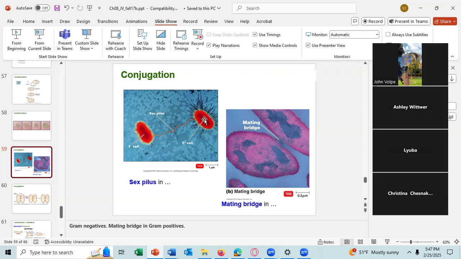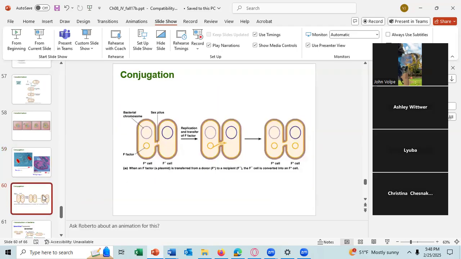Usually, when the DNA is moving from one cell to another cell, the plasmid, it's usually a plasmid, will replicate so that the copy of the plasmid will move out of this cell and into that cell, or move out of that cell and into that cell. And that way, both cells now have that plasmid. Any question about any of that?